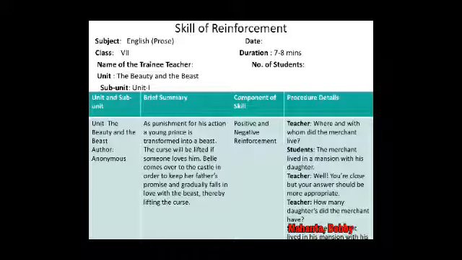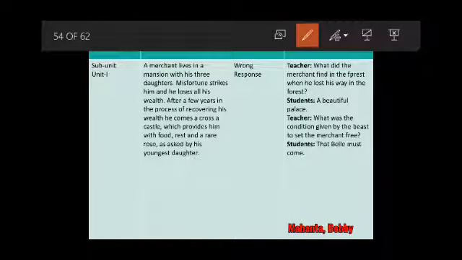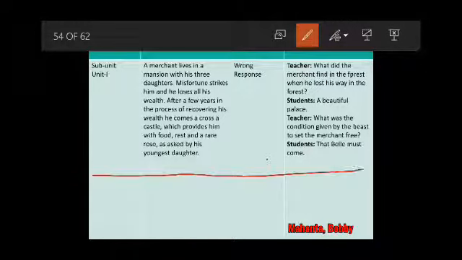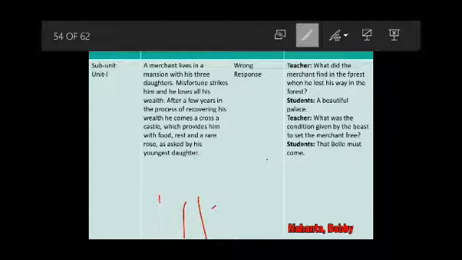Okay, clear? In the same way, as I said, it might be covered in one sheet of paper. Supposing this is the subunit portion, and again another unit, probably you want to write another point here.